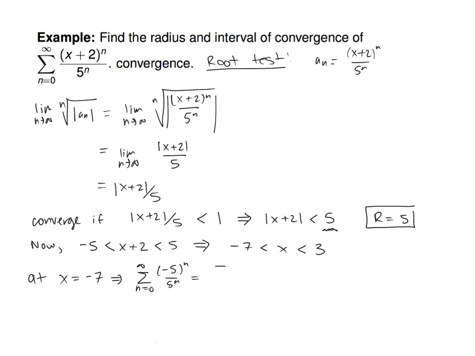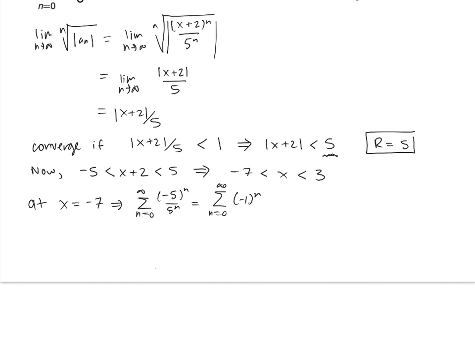Which is the same thing as the sum from n equals 0 to infinity of (-1) to the n. Does that make sense? At least that's what you get, right? So does this thing converge or diverge? Think about what happens to its terms. It alternates, but do the terms go to 0?